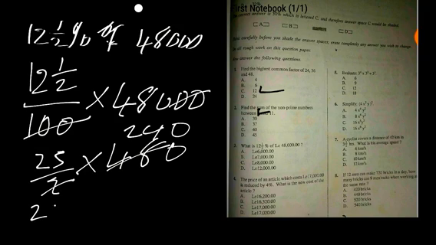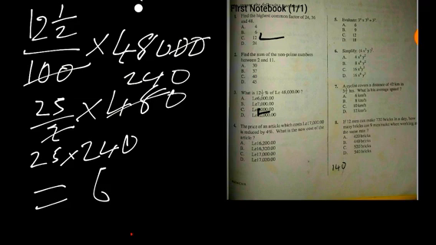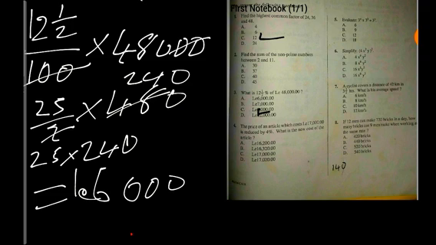So if you multiply 25 multiplied by 240, this one will definitely give us 6,000 leon. So the correct option to this question is A.